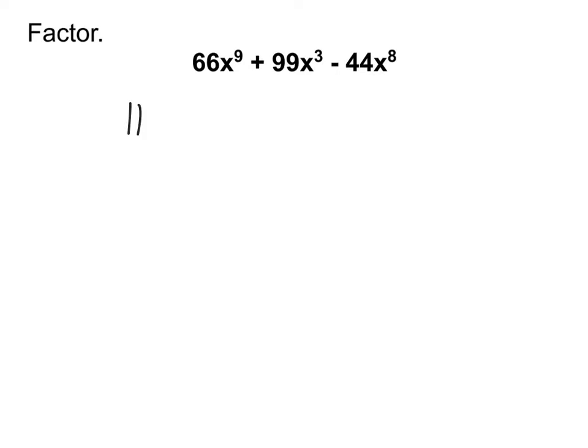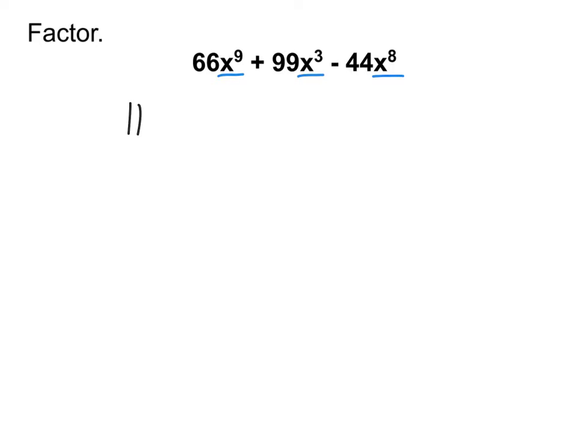All right, then I take a look at my x's. I have x to the 9th, x cubed, and x to the 8th. How many x's can I pull out of every term? 3. This one was kind of tricky because usually the smallest one is going to be the last one. But it's not in this case. In this particular case, the smallest one happens to have been put into the middle.